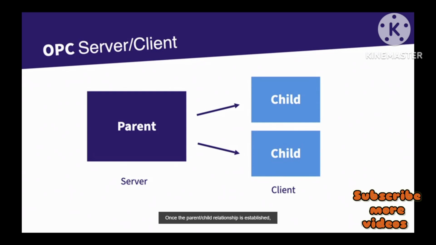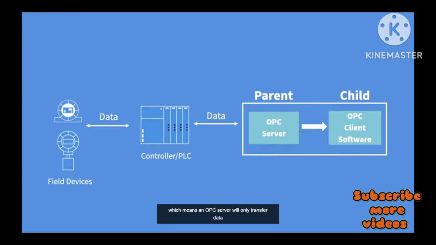Once the parent-child relationship is established, the direction of control is always from the parent to the child, from server to client, which means an OPC server will only transfer data to and from a data source if an OPC client commands it. In the example you see, the data source is a PLC collecting data from field devices.